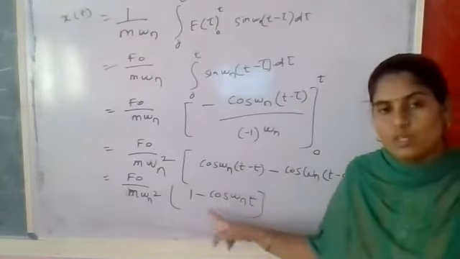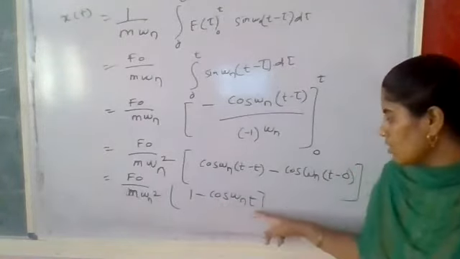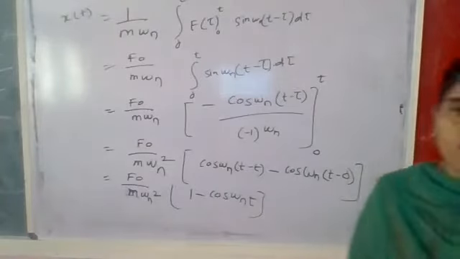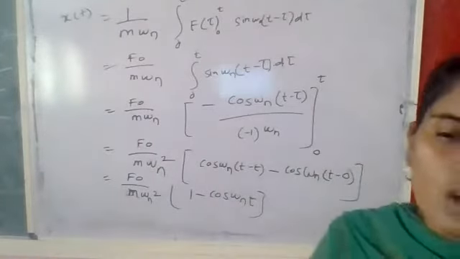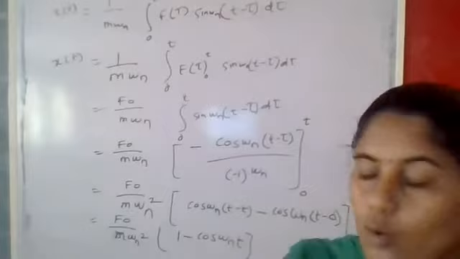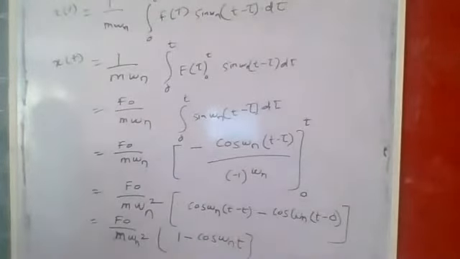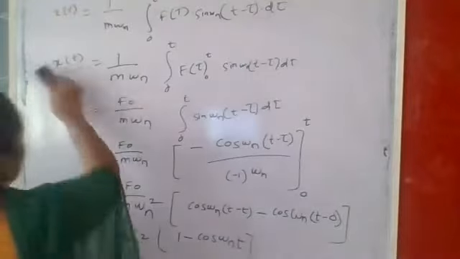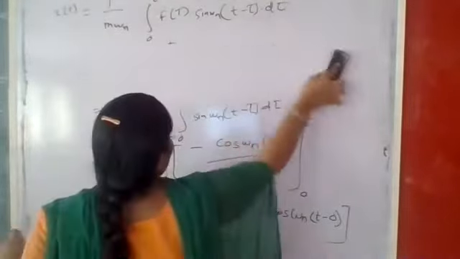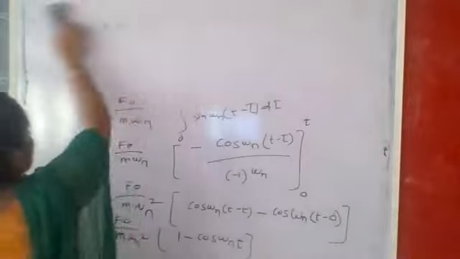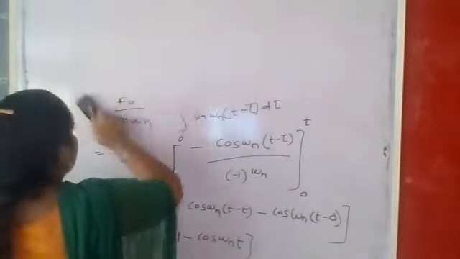So cos of 0 is 1, and the remaining is 1 minus cos of omega n t. That is the equation for the constant force. Based on this, we can write directly, or we can solve this once again by dividing by the k factor in the numerator as well as the denominator.